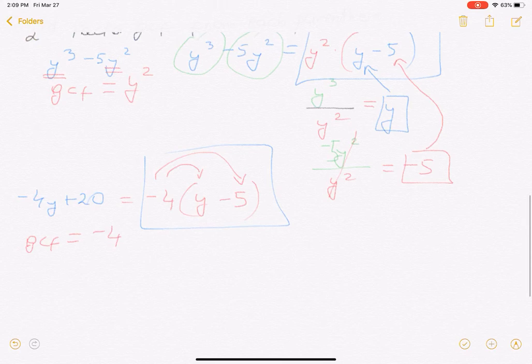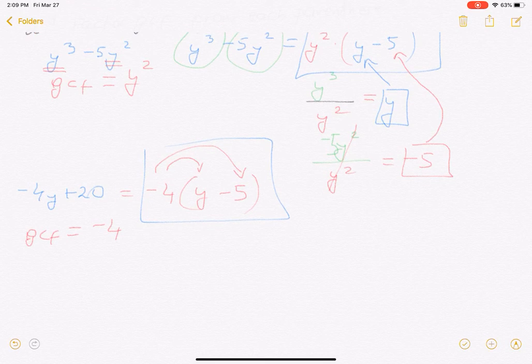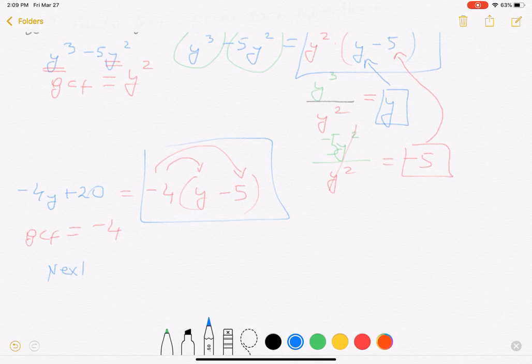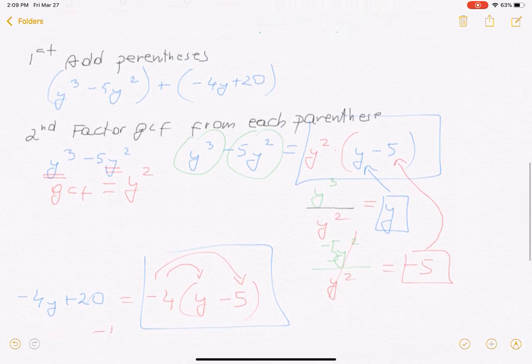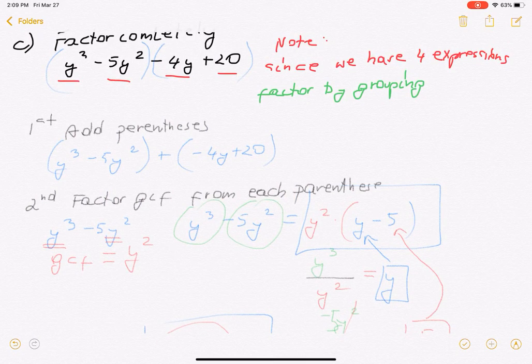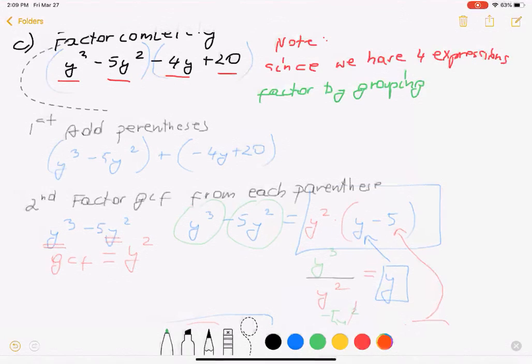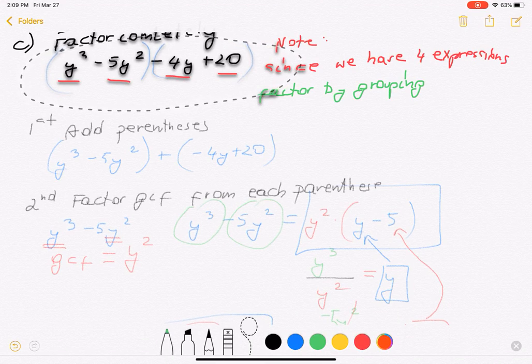So next we're going to rewrite using GCFs and factors. We had y to the third power minus 5y squared minus 4y plus 20. We're going to rewrite that using our GCF and factors.